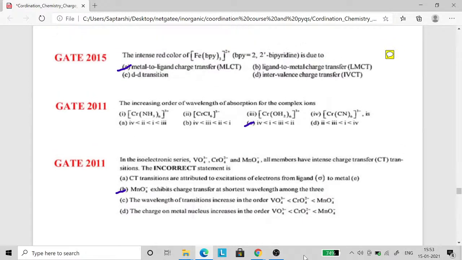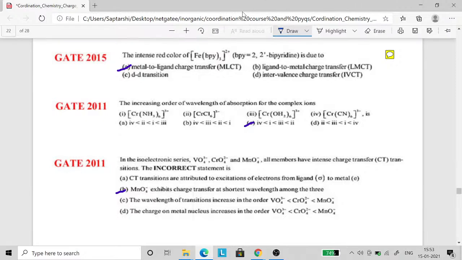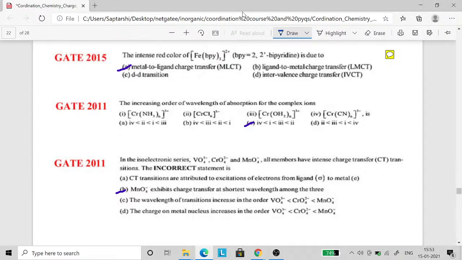Okay, the next one: the intense red color of Fe(bipyridine)3 2+ is due to what reason? Here we can say there can be LMCT and MLCT, right?